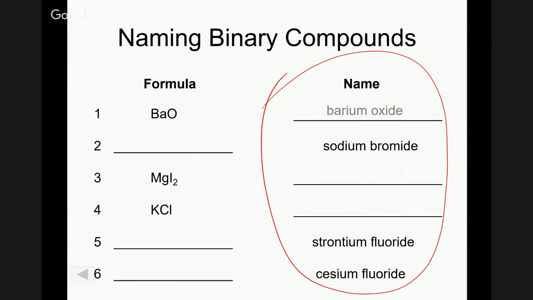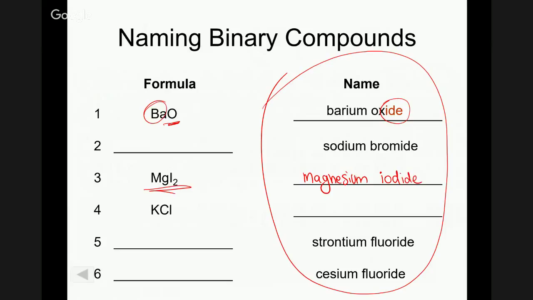All right, and we're back. This first one is barium oxide. Again, BaO, barium oxide. This next one here, MgI2, well, Mg is magnesium, and I is iodine, but again, we have to change the ending to "-ide", so it'll be iodide.